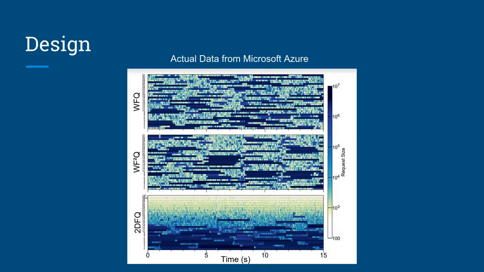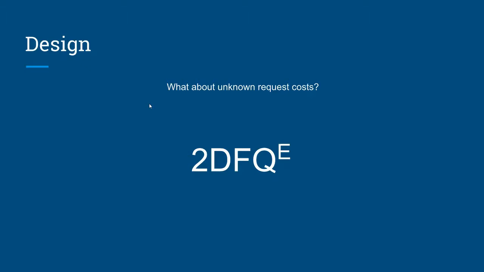So starting at 0, working all the way up to 31, you can see how the threads are actually varying in how they're being utilized with real data from Microsoft. And you can also see in WF squared Q, that oscillation is not quite as pronounced with real data as it is in our simulation. And WFQ really still, it's fair, but it's scattered all over the place.